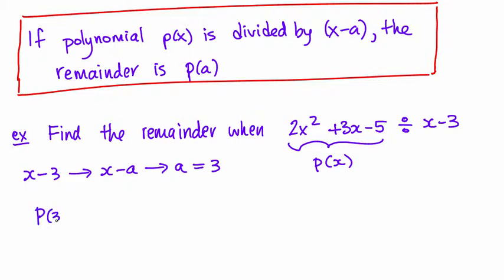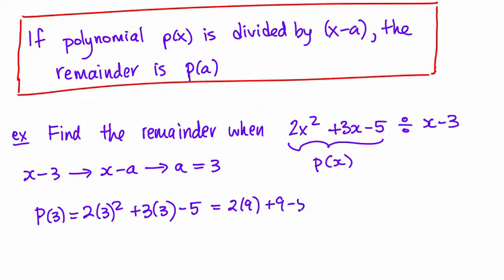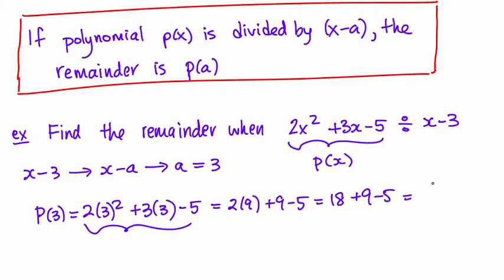So p of 3 would be equal to 2 times 3 squared plus 3 times 3 minus 5. And that's equal to 2 times 9 plus 9 minus 5, which is 18 plus 9 minus 5, which is 27 take away 5, or 22.